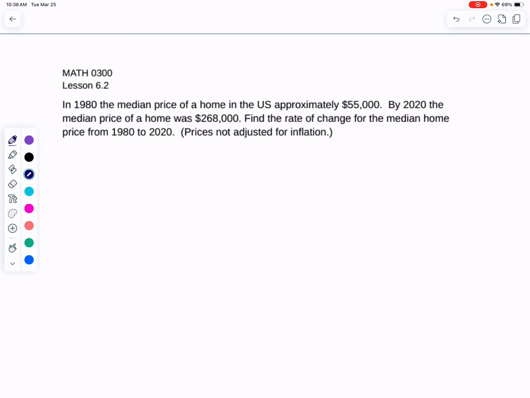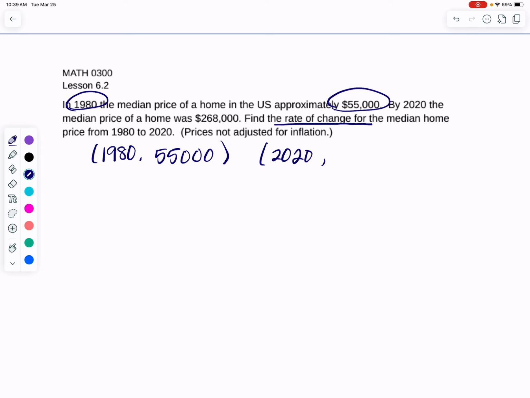This last one is asking for rate of change for the median home price. Median home price is the home price right in the middle. Again, I need 2 points. I've got 1980 and 55,000. And then I have 2020 and 268,000.